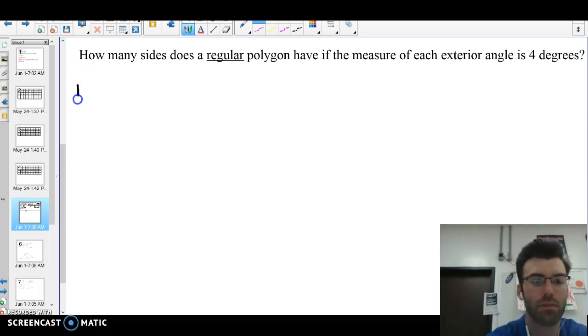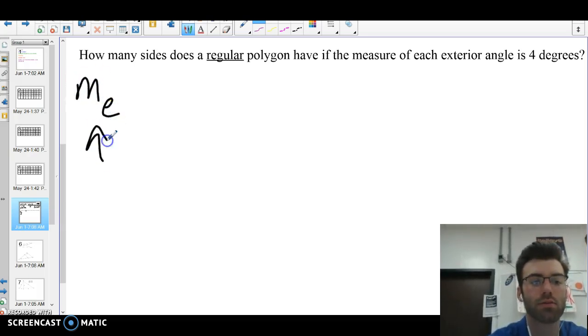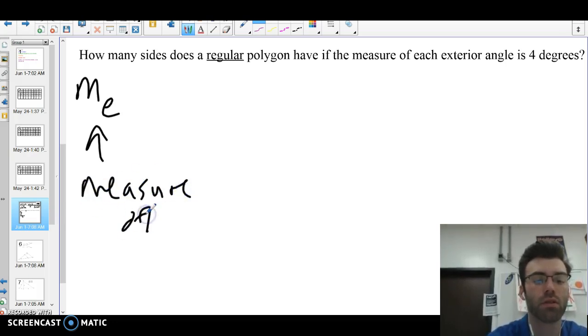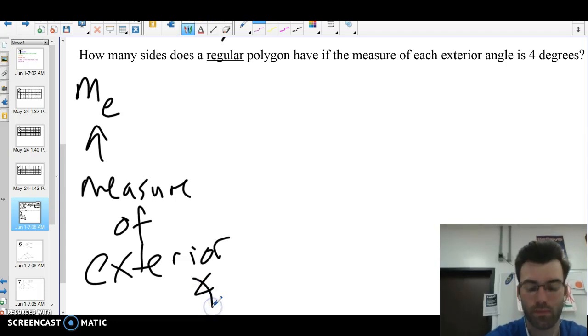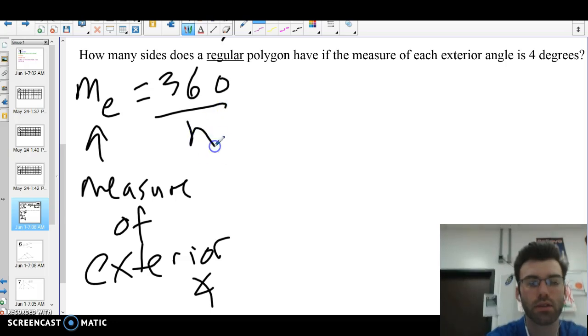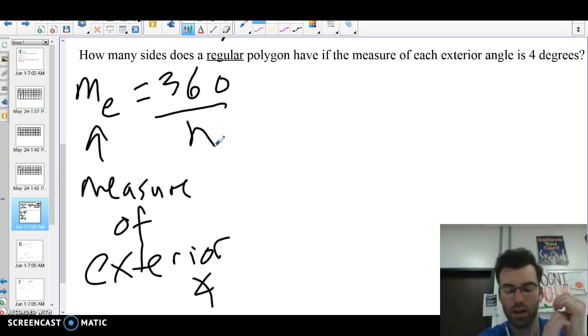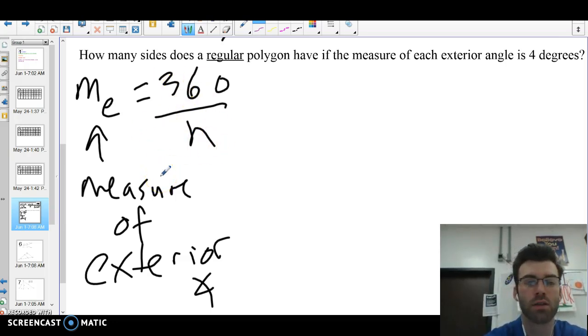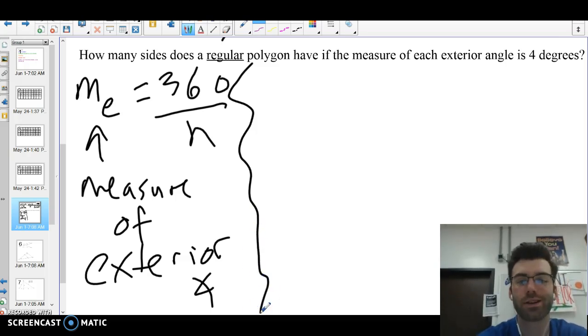So if you want to find the measure of an exterior angle, that's what ME means, you just do 360, because that's the sum for any regular polygon, divided by the number of sides. So in this problem, we're wondering how many sides the polygon has if each exterior angle is 4 degrees.